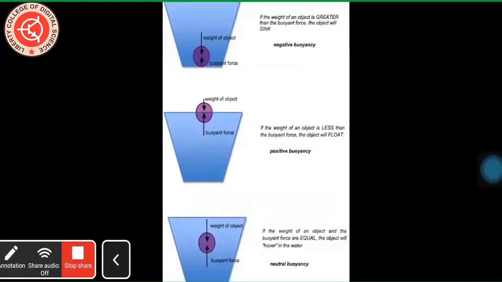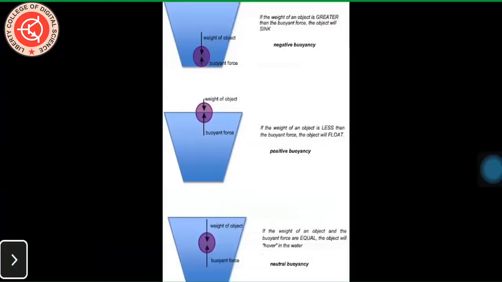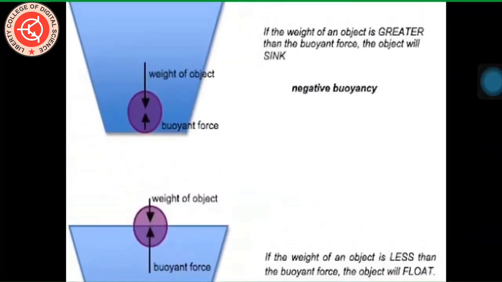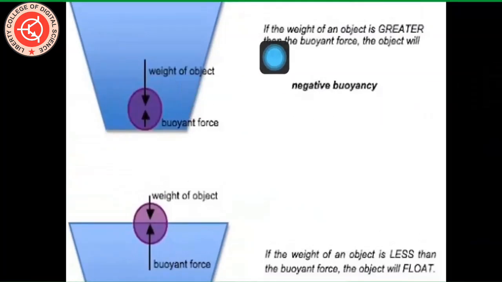Now let's take a look at this. We now realize that if the weight of an object is greater than the buoyant force, which simply means the force that is acting upward, you can see it labeled here, as a result of the fluid applying a force on the object that is moving inside a fluid.